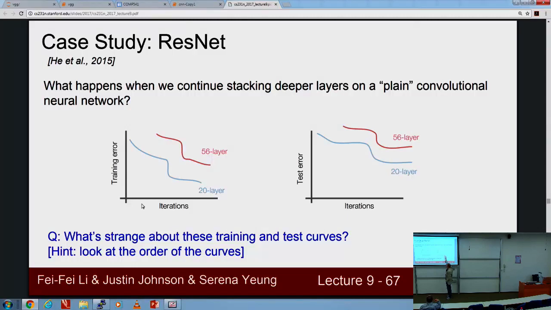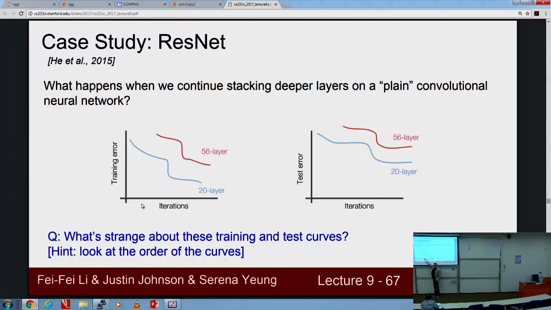On the test set, the 20-layer network is doing better. That's not too surprising, because we say to ourselves, the 56-layer network has a lot more parameters, so it's probably overfitting, and that's why it's not doing as well on the test set. But the surprising thing is the 20-layer network also does better during training.